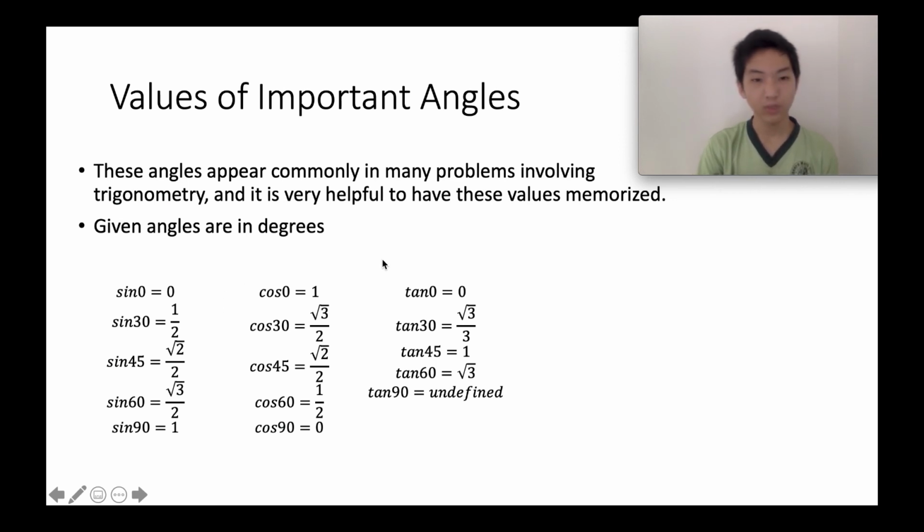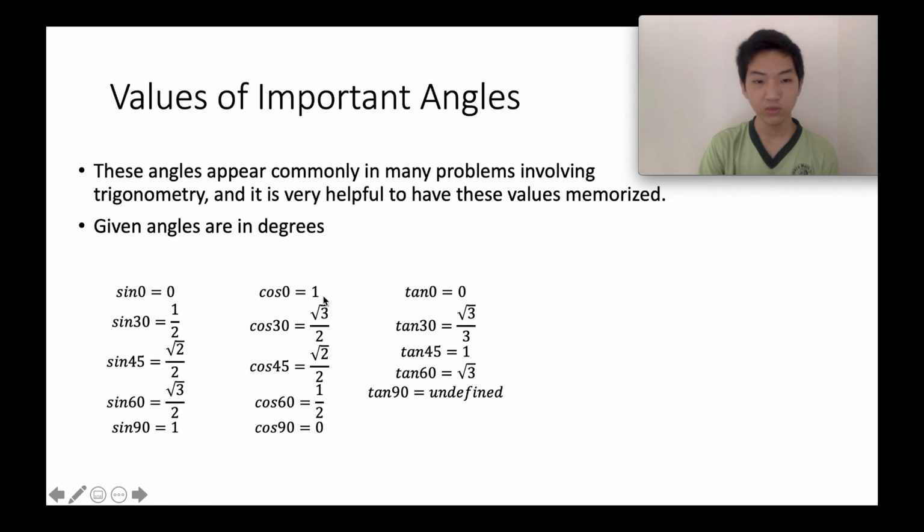There are quite a few important angles in trigonometry that you should memorize the values of, because these appear very commonly in many problems. The given angles are in degrees. Sine 0 equals 0, sine 30 degrees equals 1/2, sine 45 degrees equals radical 2 over 2, sine 60 degrees equals radical 3 over 2, sine 90 equals 1.